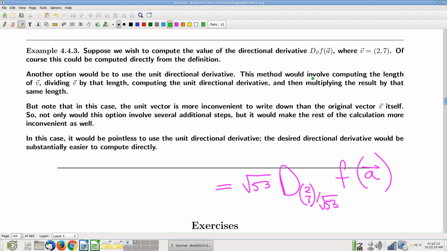So that use of the term directional derivative is very common and standard in some books, and for some people. The term directional derivative applies to the idea that in this book I am calling unit directional derivative.